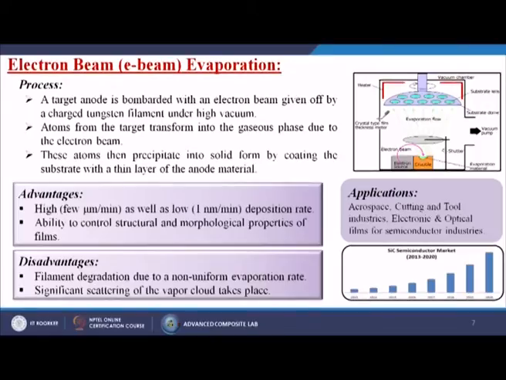Here a target anode is bombarded with an electron beam given off by a charged tungsten filament under high vacuum. So here the anode is the source or precursor, and the cathode is our substrate.